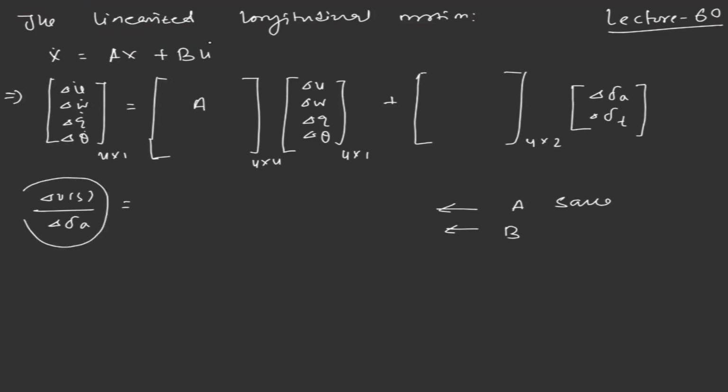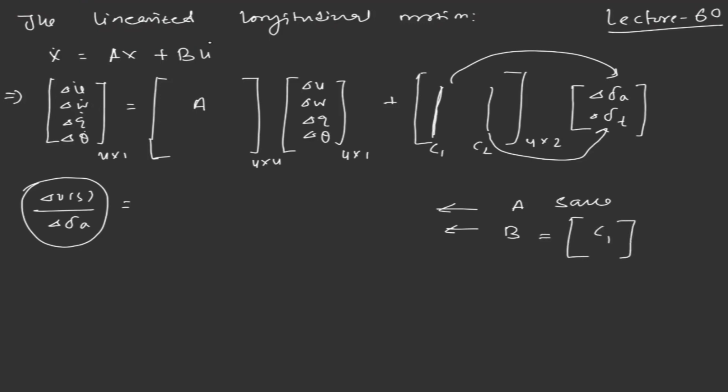Since there are two columns here, the first column indicates the control delta delta A, and the second column indicates delta delta T. So here we have to consider the first column of the B matrix. Let me define this as the C1 column and the C2 column. So the B matrix will have the C1 column only. And the C matrix we have to modify accordingly.